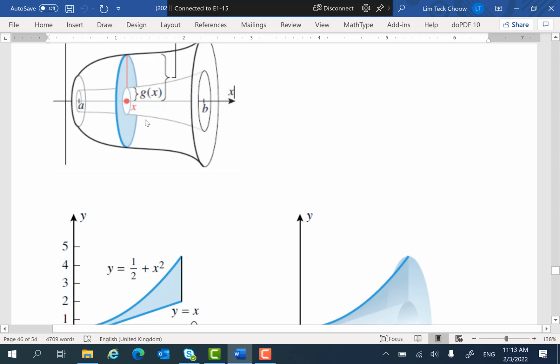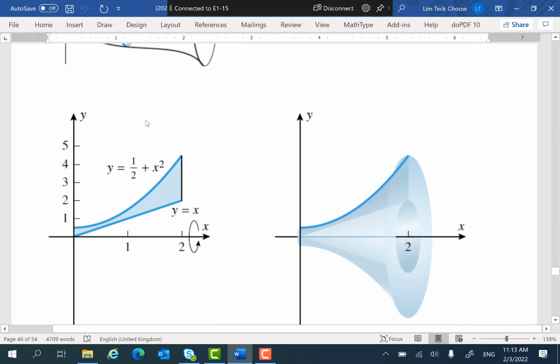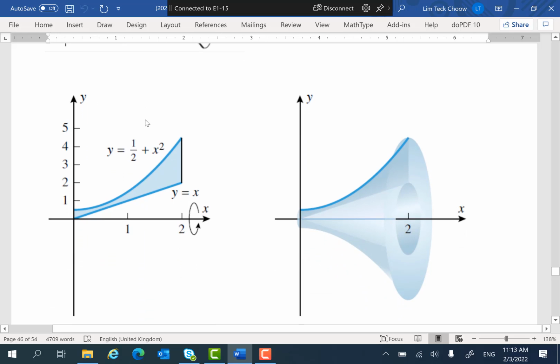Another picture to show you. This is nice also, right? This is also rotated about the x-axis, and because this is a straight edge, you will realize that the hollow in the center is actually a cone. Nice graphics. I have some more to show you.